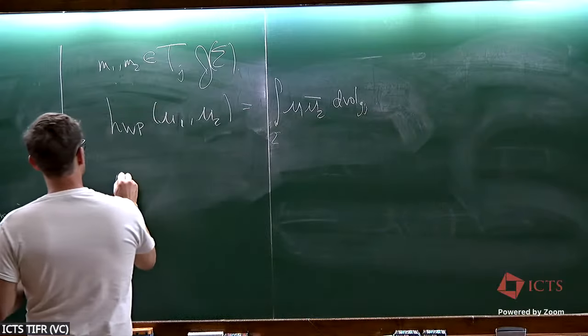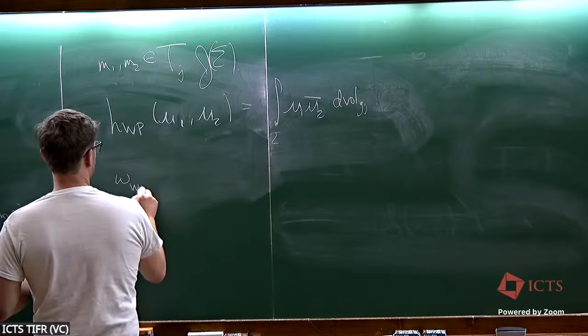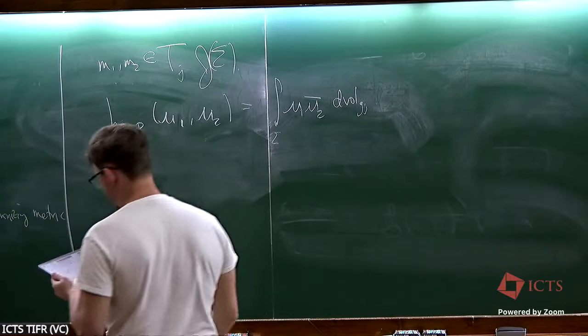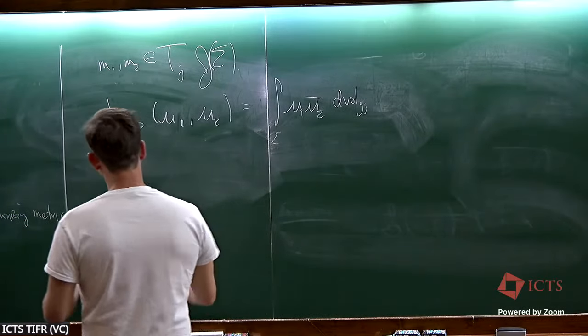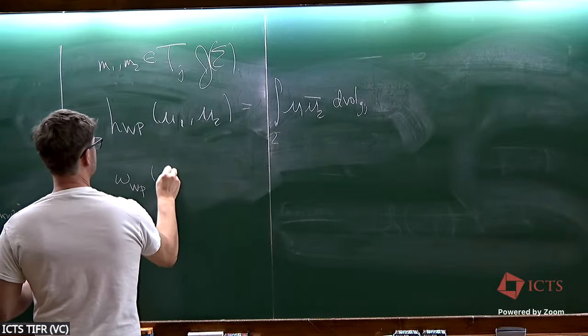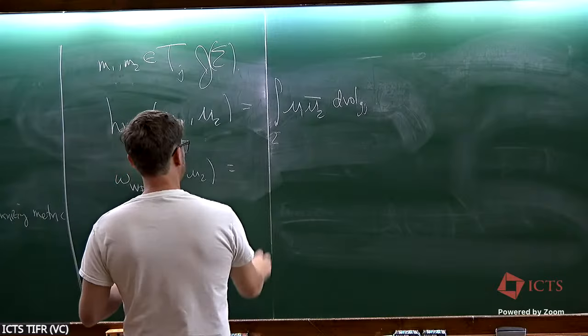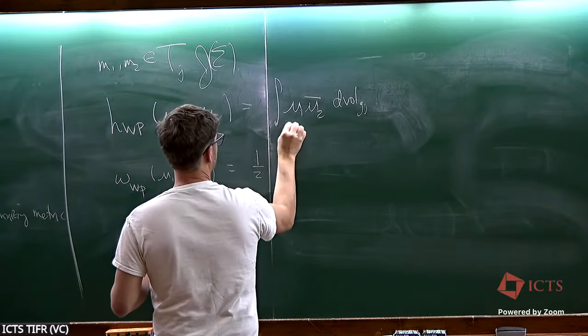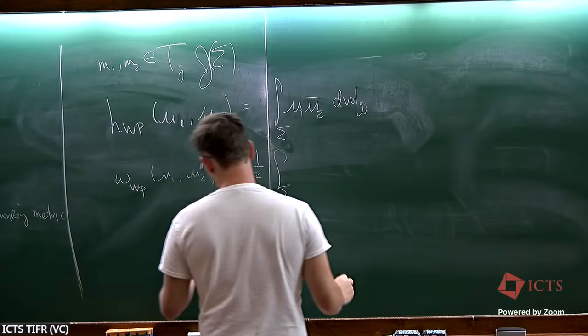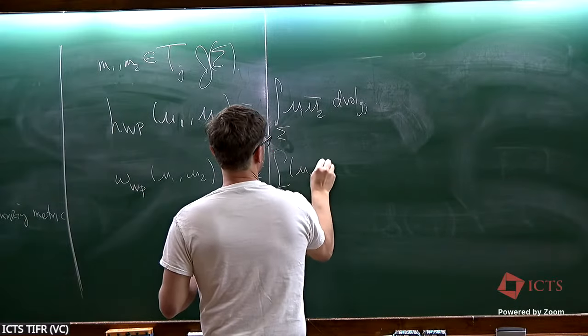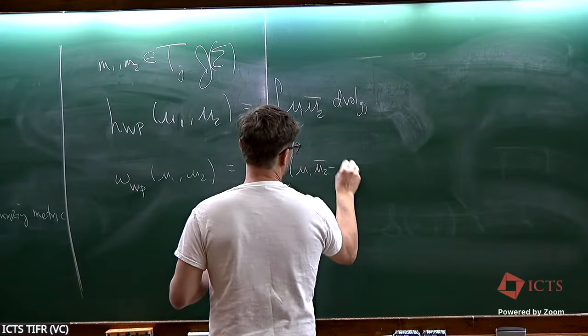Okay, and the associated symplectic form, you can define in terms of mu_1 and mu_2 and J in a nice way, but let me just write it in terms of Beltrami differentials. One half the integral over sigma of mu_1 mu_2 bar minus mu_1 bar mu_2.